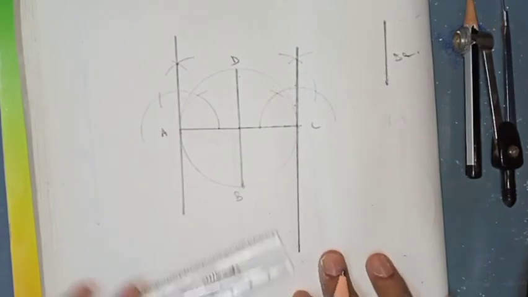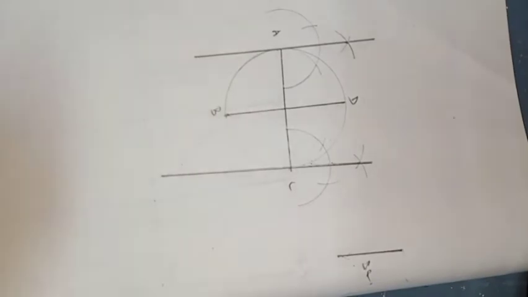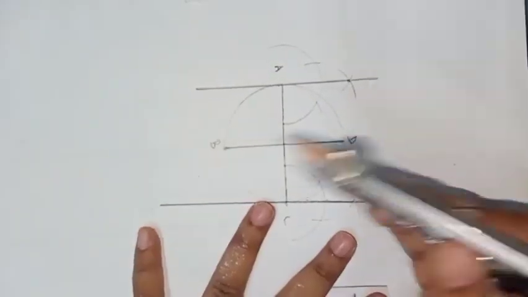Okay, now from B also. So for B I have to keep my compass like this.